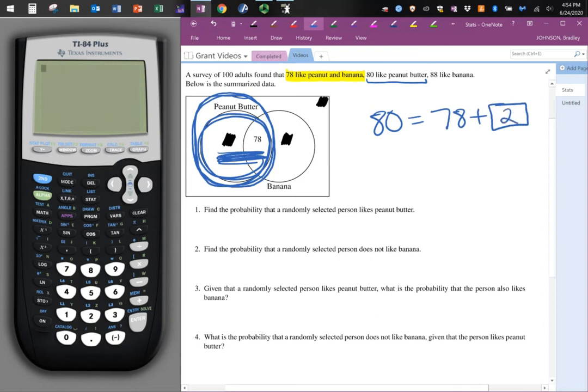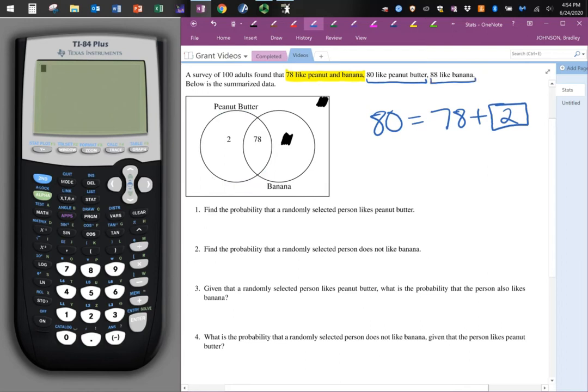Well, we could probably easily count in our head 79, 80, right? 2 brings you to that. So now we have 80 total in the peanut butter circle, right? In this circle, this enclosed the 80 adults that like peanut butter from this made-up example, okay?